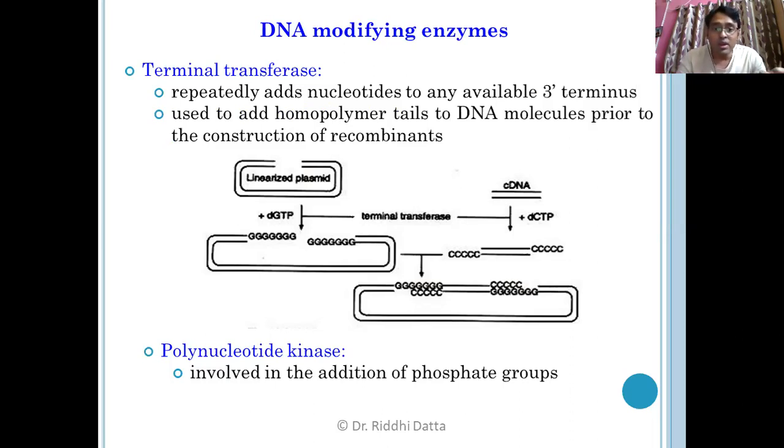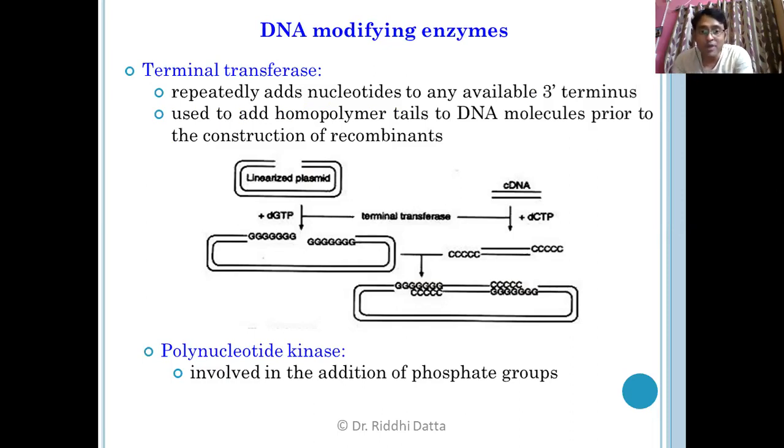Suppose we don't want to use a restriction enzyme, and we want to clone our cDNA or PCR product or any amplified product directly into the plasmid. How can we do it? There should be a linearized plasmid, and on the other hand, there will be the amplified product.